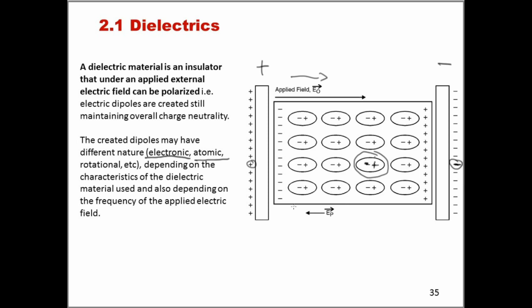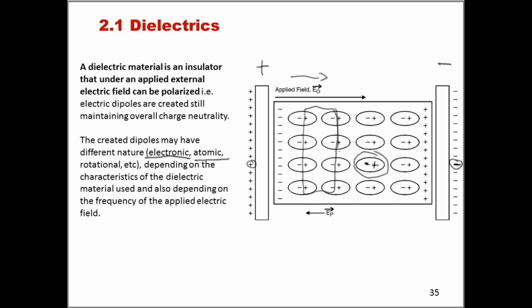And what basically happens in the end is that because these dipoles are very, very close to one another, we can easily see that effectively these positive charges here and these negative charges here cancel each other.